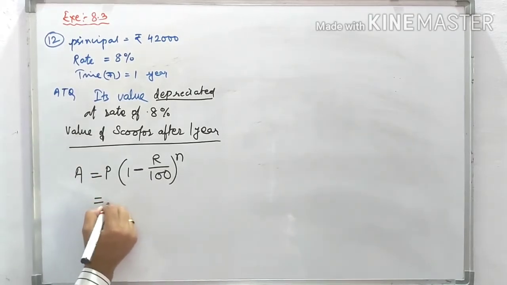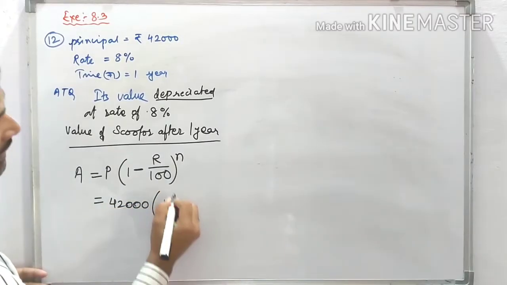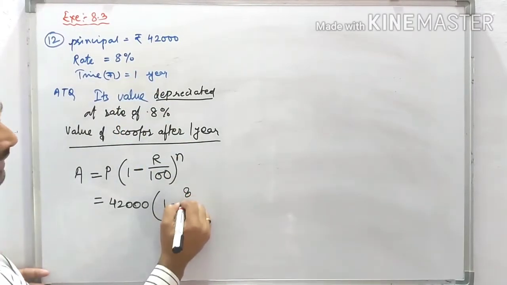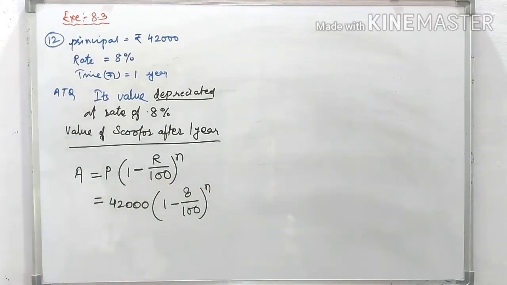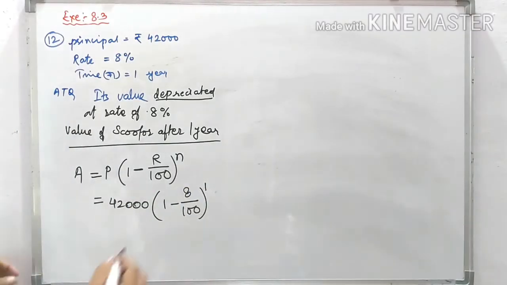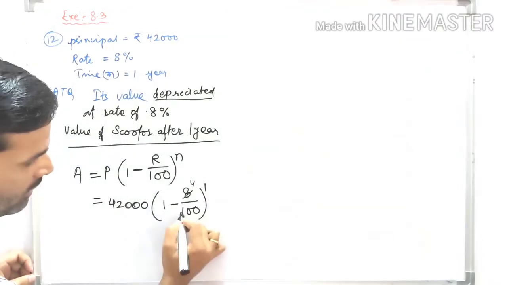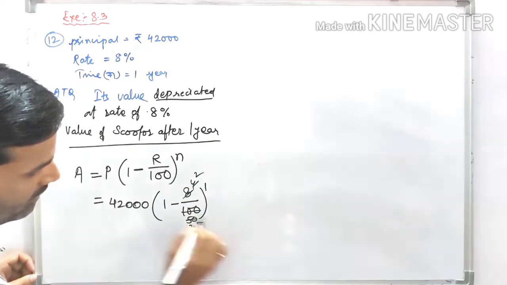Now the value of P is 42,000, 1 minus the value of R, which is 8 upon 100, power of 1 year, n is 1 year. Okay, now 2 4s are 8, 25.